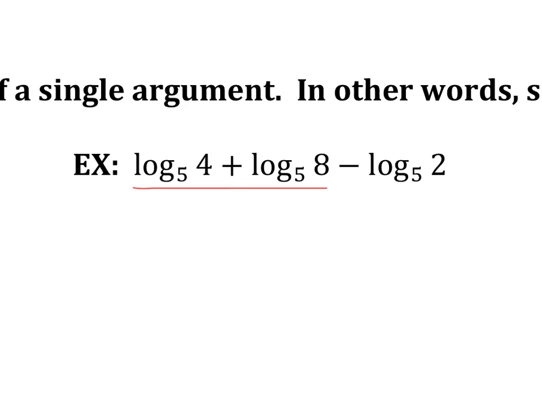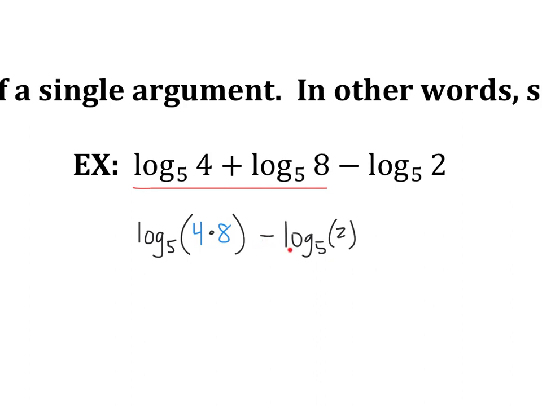So how are we going to condense those first two? Well, since we're adding the log terms, we're going to multiply the arguments. So it becomes log base 5 of 4 times 8. All right, then we have this minus log base 5 of 2. Okay, so now we can clean this up. We know 4 times 8 is 32, but now we're subtracting these two log terms.